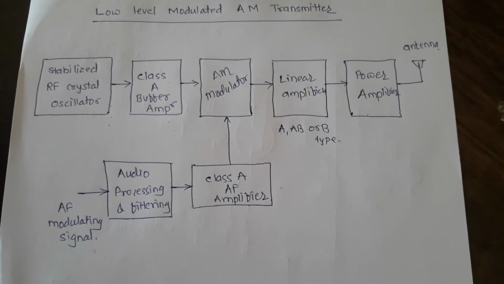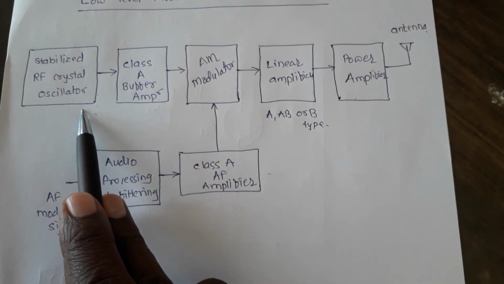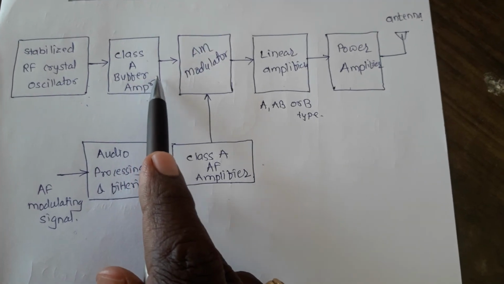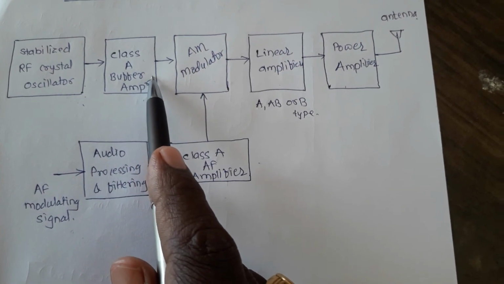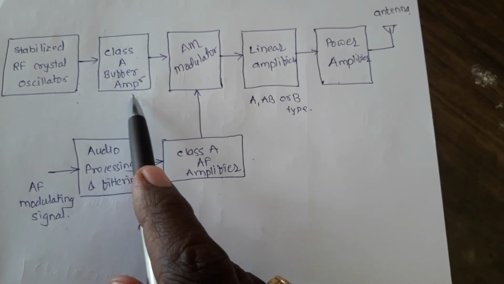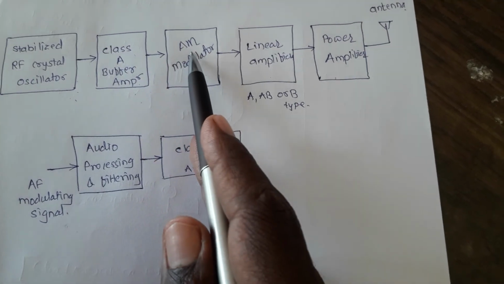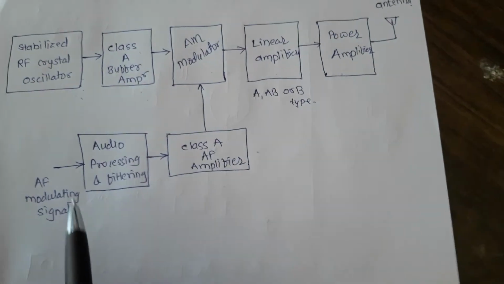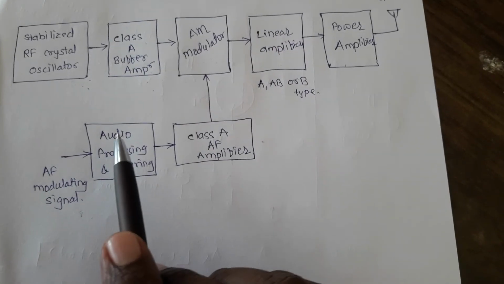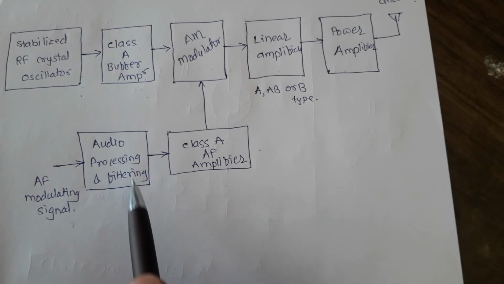Once again I will repeat the procedure. The stabilized RF crystal oscillator generates a stable frequency carrier signal, which is given to the class A buffer amplifier, and this amplifier amplifies the carrier signal to a certain voltage level that is given to the AM modulator. The modulating signal which we want to superimpose on the carrier is given first of all to the audio processing and filtering unit, where the necessary signal conditioning is done.